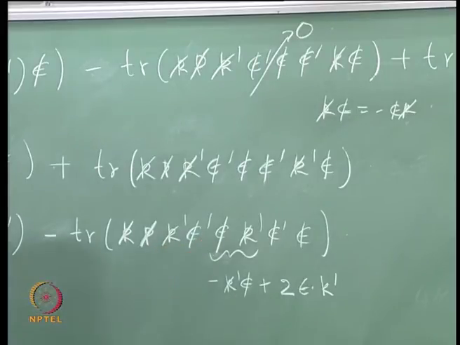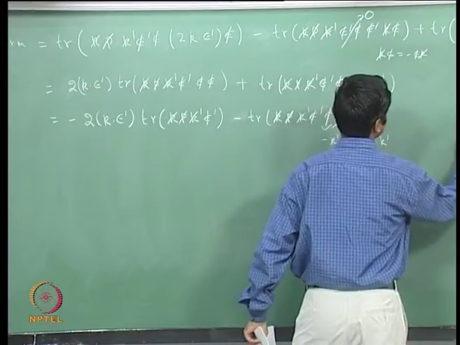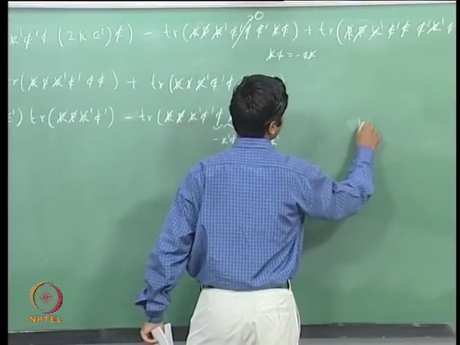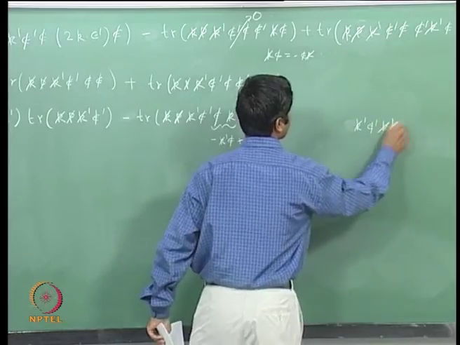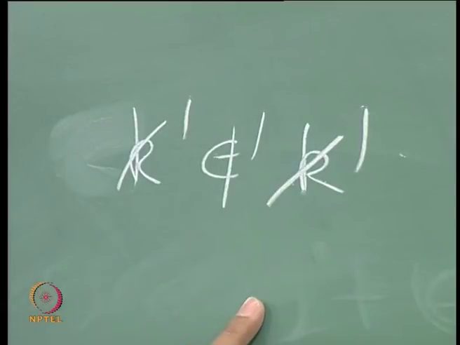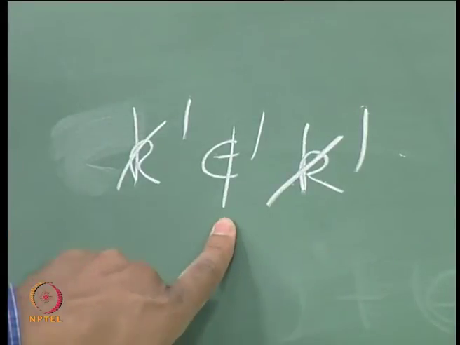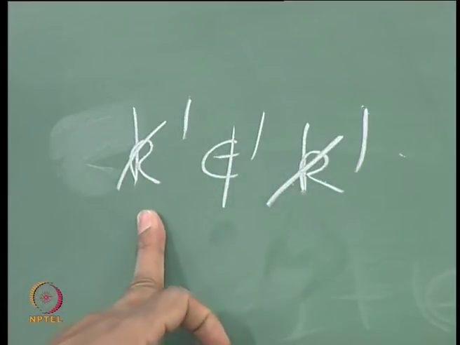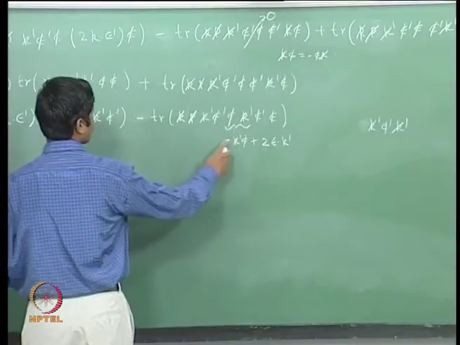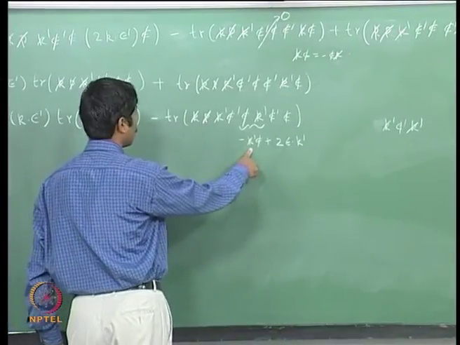So, what you get here for the first term is something which involves k prime slash epsilon prime slash k prime slash. What is this quantity? This is 0, because this again you can flip it, then you get k prime slash squared, which is k squared, which is 0. So, therefore, this term is simply 0.